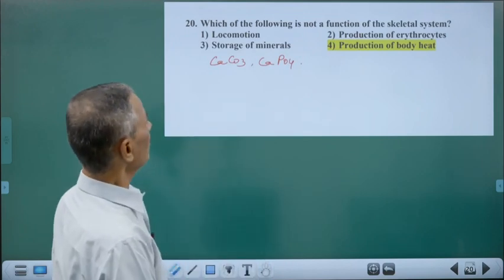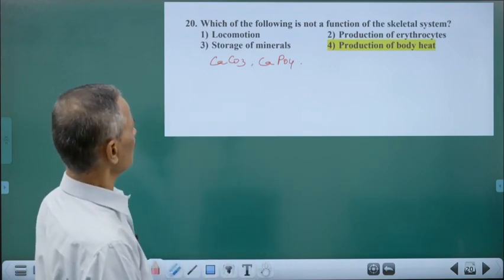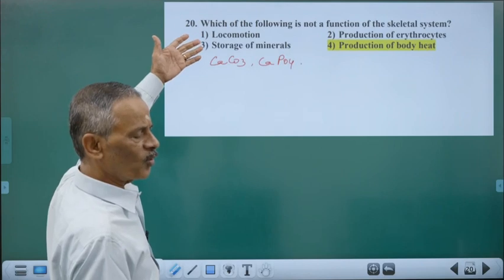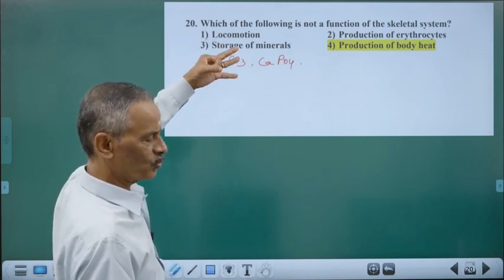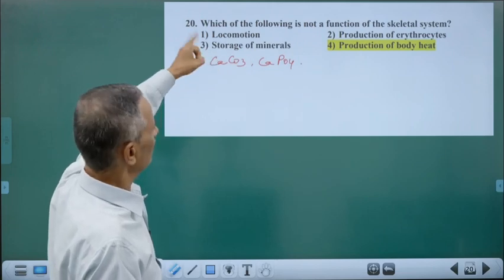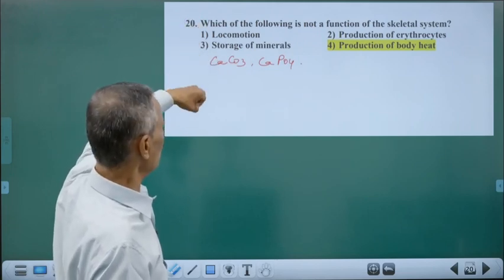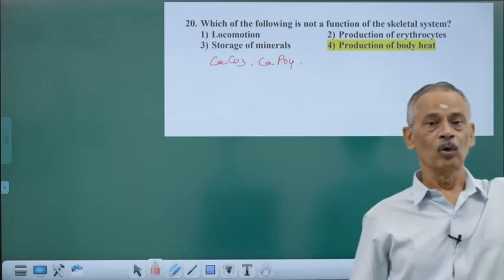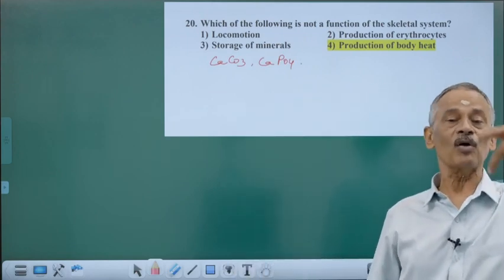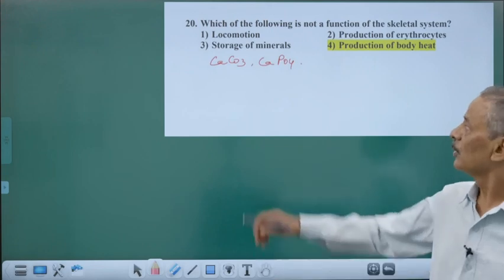Which of the following is not a function of the skeletal system? The skeletal system is responsible for movement. We have three systems controlling locomotion: the muscular system, the skeletal system, and the nervous system. Production of erythrocytes: red bone marrow is responsible for the production of all different types of blood cells.